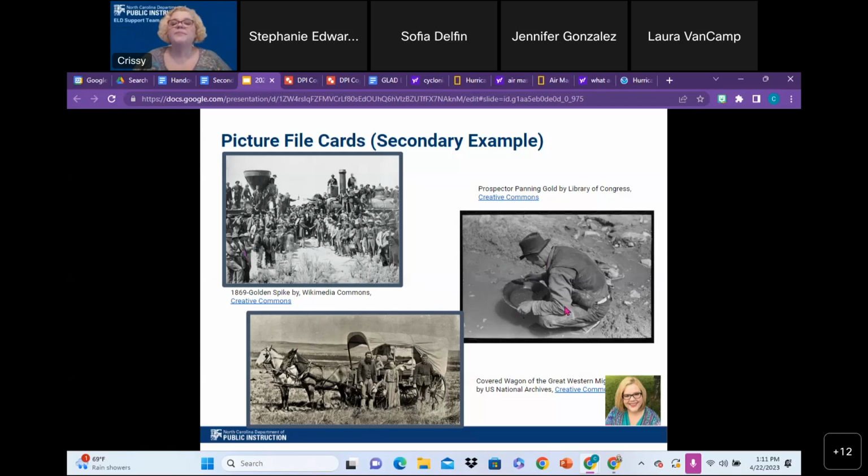You can see panning for gold. You can see Movement West and the Conestoga wagons and the family, the railroad, the building of the Transcontinental Railroad and its opening. So you can see how these picture file cards would just be very engaging.